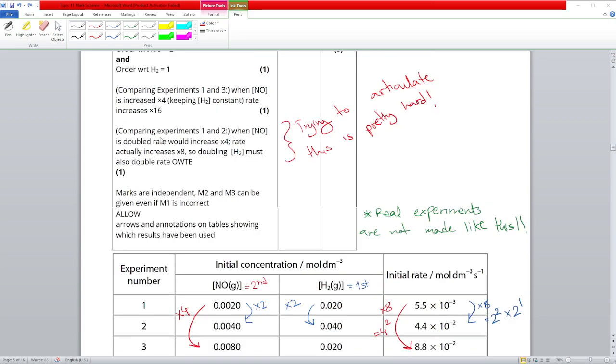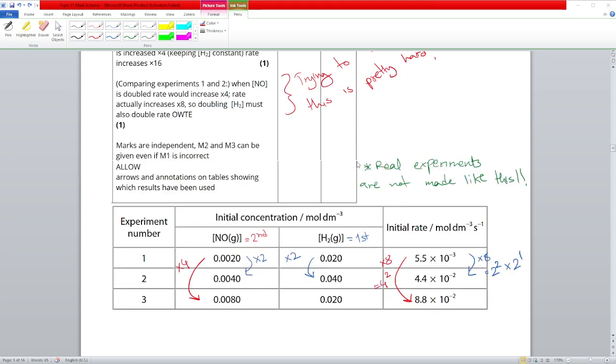But it's very, very important that any kind of idea that you find difficult to describe in the answers that you give, you should copy directly from the markscheme and make an effort to memorize the wording that they use. That'll take you very far.